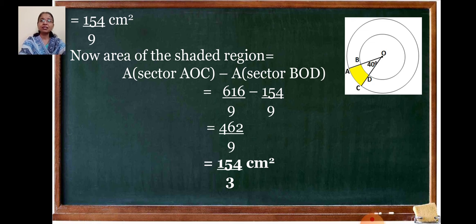Further simplify. Both are divisible by 3. So you will get the answer as 154 upon 3 centimeter square. So the area of the shaded region is 154 upon 3 centimeter square.